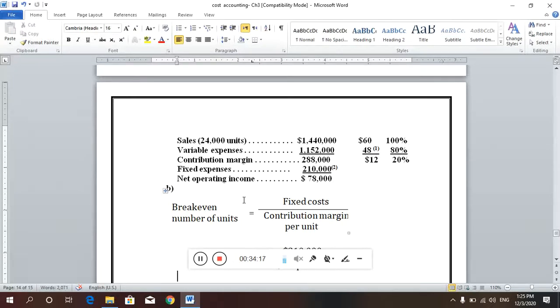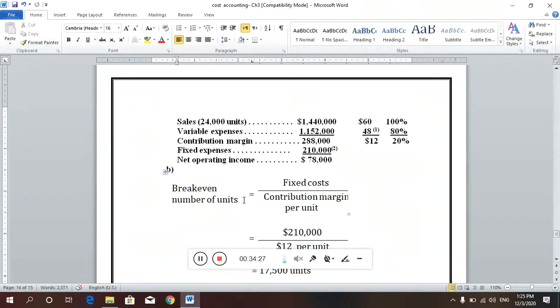The net operating income will be contribution margin minus fixed costs, which is $78,000. This is our new income statement after the changes occurred.